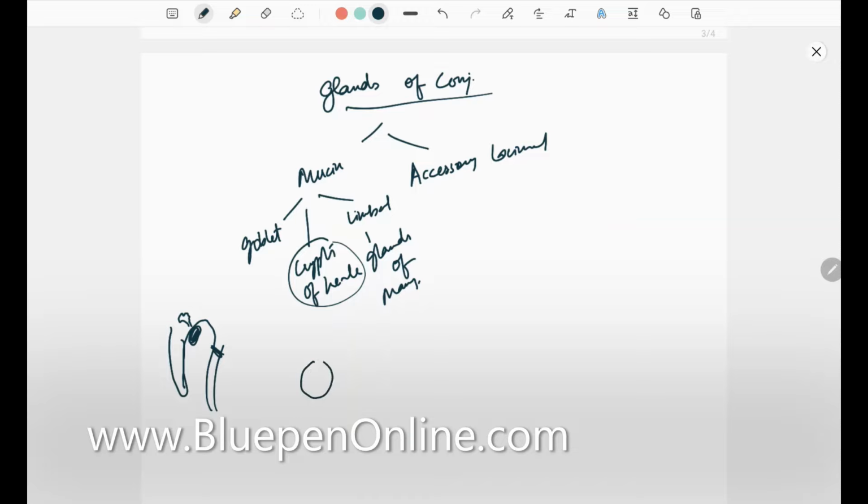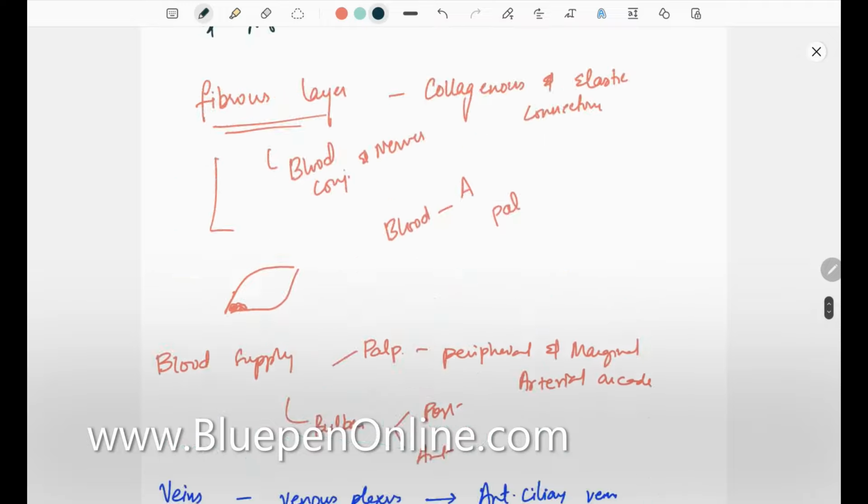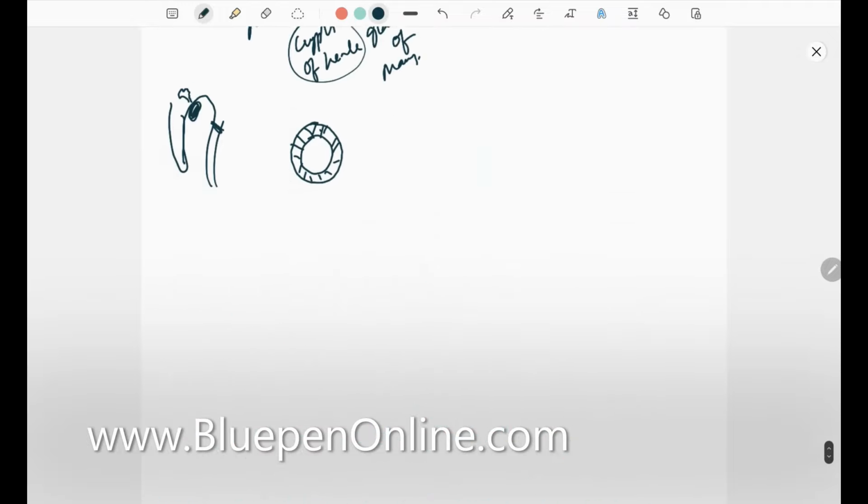Okay, if this is the pupil and this is the limbus, then here we have the glands of Manz. Okay, and the accessory lacrimal glands include two glands, which are the glands of Krause and the glands of Wolfring. Okay, so that's about the anatomy of the conjunctiva.